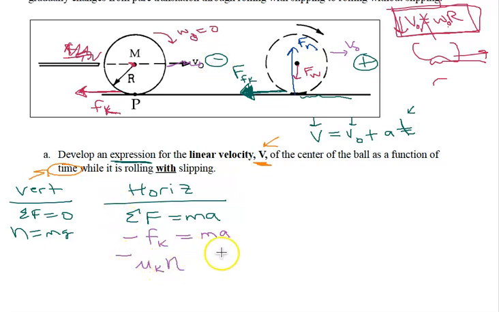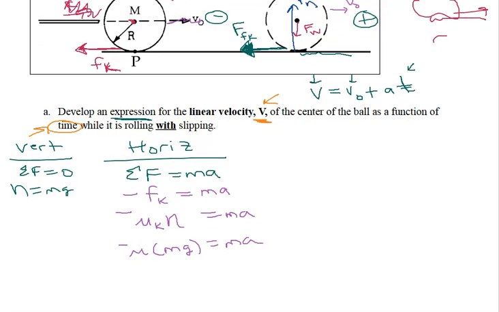Mu kinetic normal. And the normal equals the weight. It is super nice that the mass cancels. So my acceleration is equal to minus mu g.